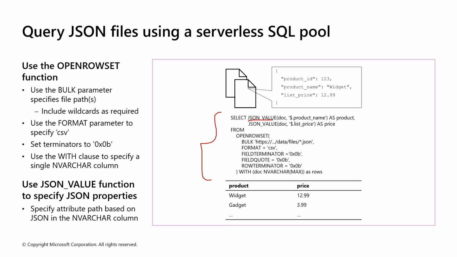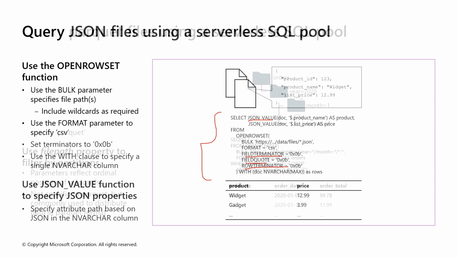We are reading each JSON object as a single text blob, then using the JSON_VALUE keyword to extract a specific property. The special terminators like the field terminator, field quote, and row terminator ensure each JSON object is treated as a single row. So that is how the JSON files are queried in the serverless SQL pool.